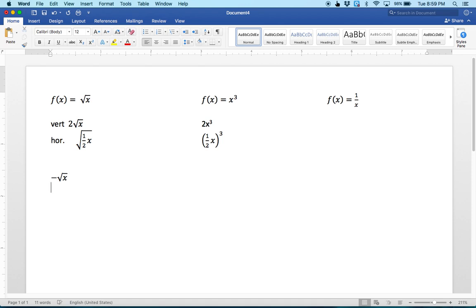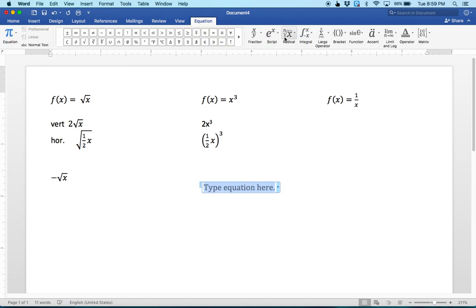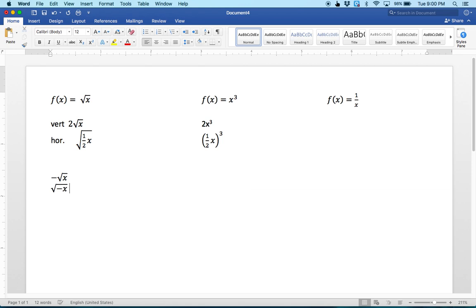A horizontal reflection, you would see the negative under the square root, like that. Same thing in this case here. We would see the negative in front of the x cubed versus in parentheses, negative x cubed.